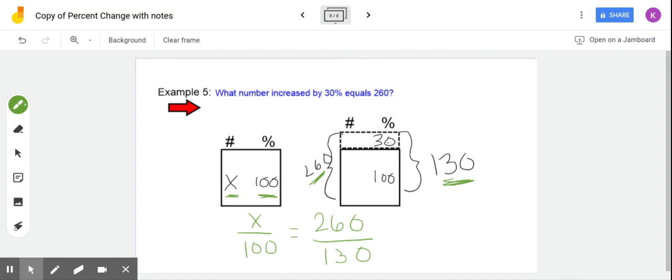When we solve this, we're going to do 260 times 100, and then we're going to divide that number by 130. And you get that x is equal to 200. So your original number is 200. When it's increased by 30%, it's 260. But this is the number we were finding.